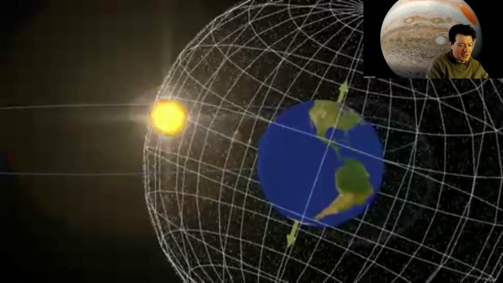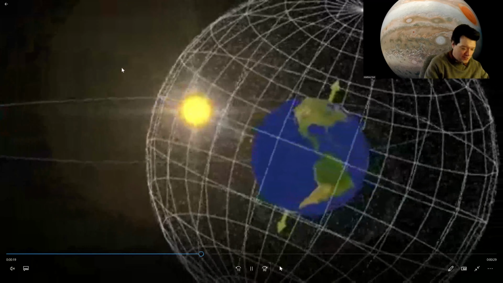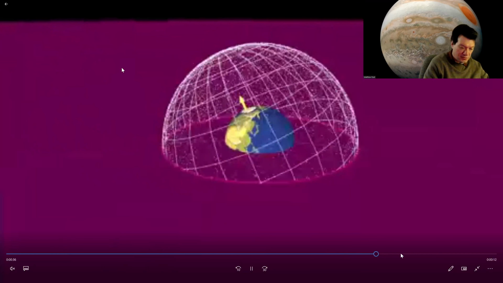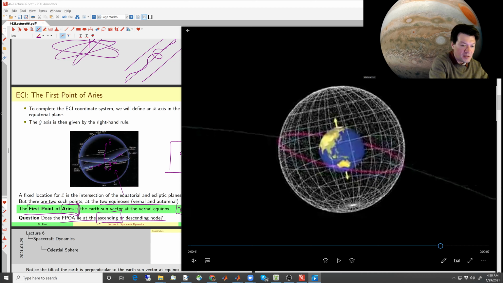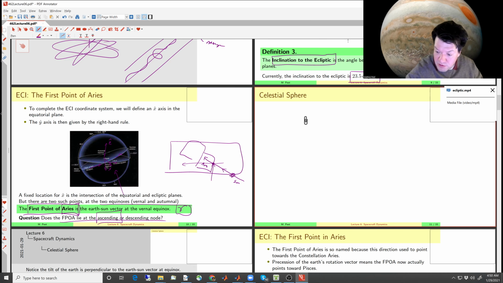In any case, this apparent motion of the Sun gives us the point of intersection here. Actually, the point of intersection for the vernal equinox is over there, and that's where we're going to define our x hat vector. Let's close that up and get back to our lecture notes.